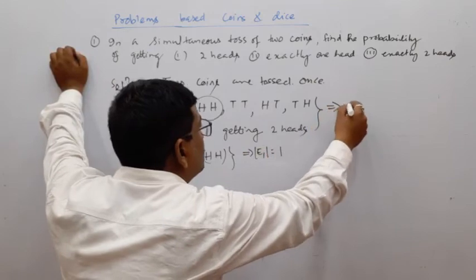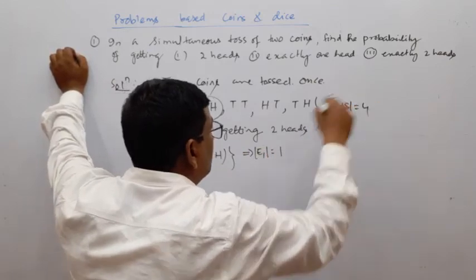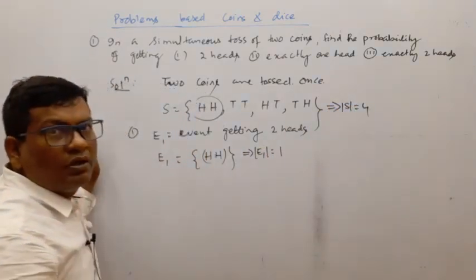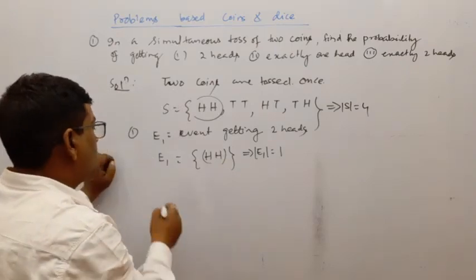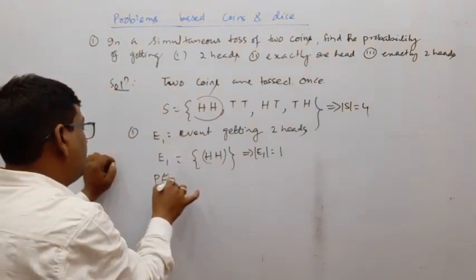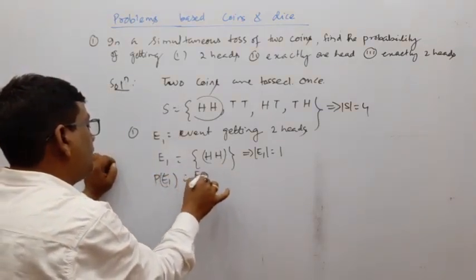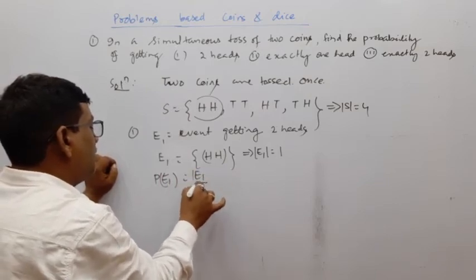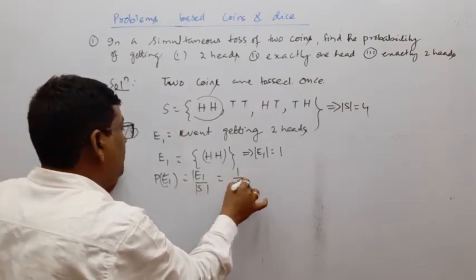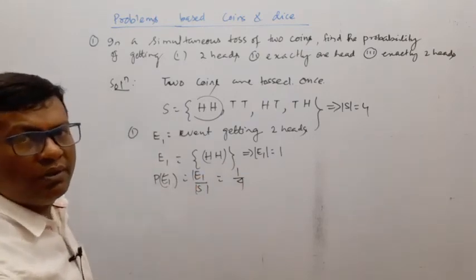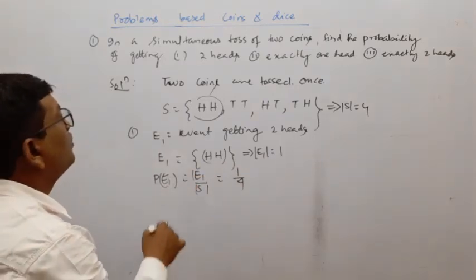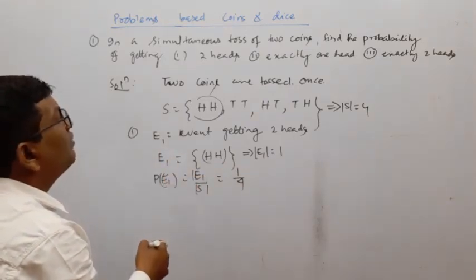Cardinality of S is equal to 4, 2 to the n means 2 to the 2. So P of E1 is equal to cardinality of E1 divided by cardinality of S, that is 1 by 4. Now second part, exactly one head.